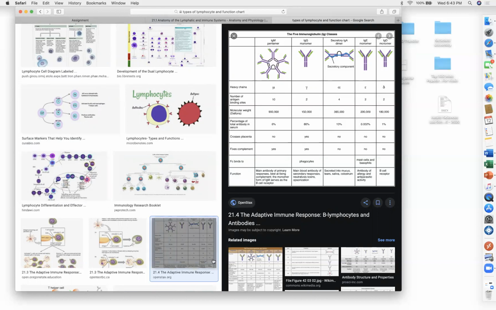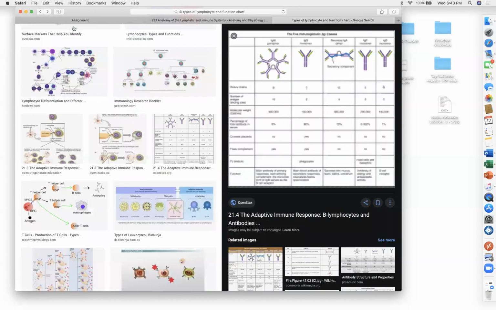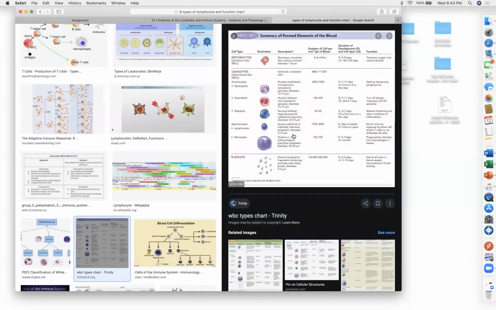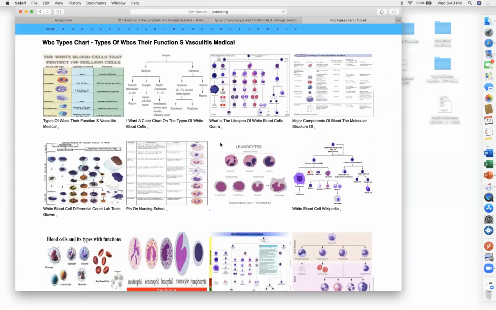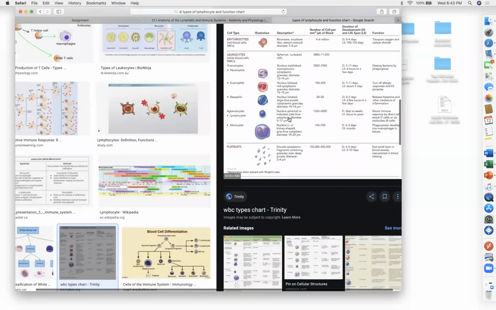I'm going to try to find a chart. That's not it. Let me try to find. Oh, here it is. I think this is it. Oh, yeah, here it is. Goody, goody. Lucky us. Oh. Sorry.